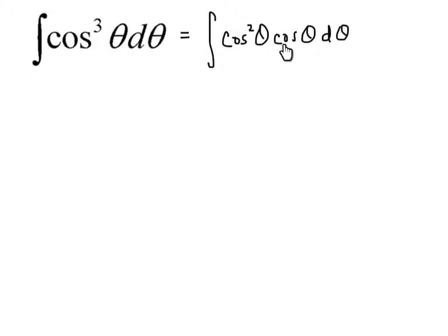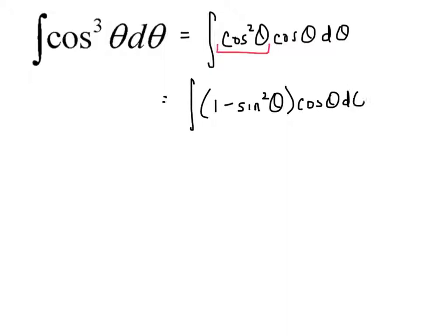But I could replace the cosine squared with an equivalent based on a trig identity. So let me rewrite again. Instead of cosine squared, I'm going to write 1 minus sine squared. Remember, 1 minus sine squared is the same as cosine squared.